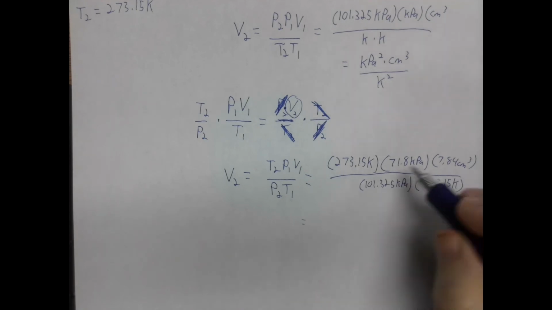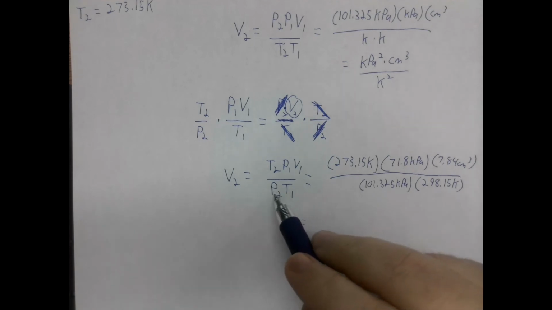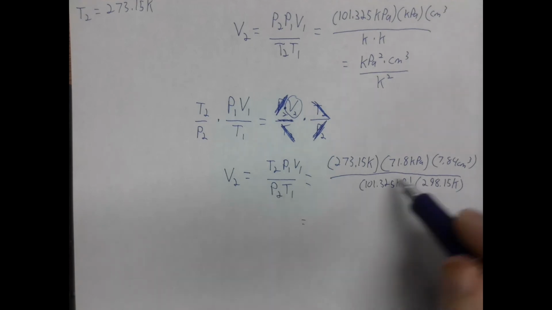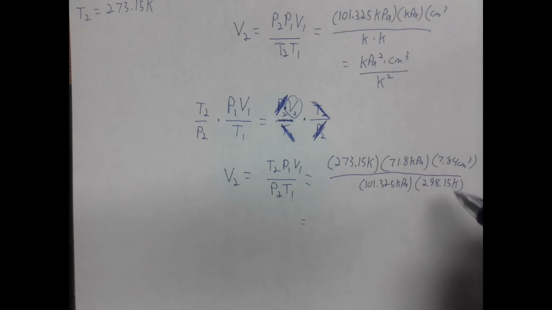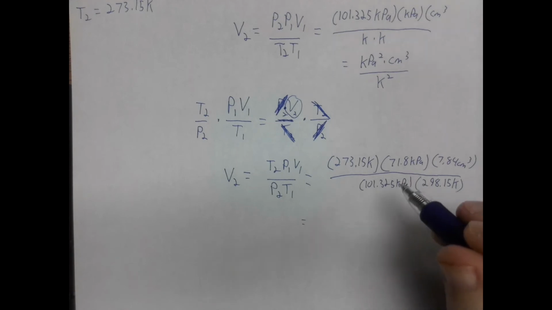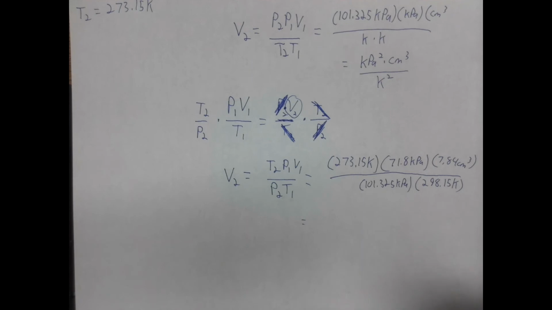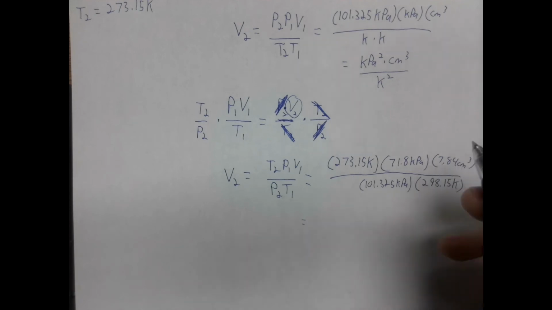Because as long as I put in the correct value for P2 and the correct value for T1 in the appropriate space, I can check to see if this is correct by doing dimensional analysis. Again, the word dimensional refers to the units. Dimensional analysis is just unit analysis, analyzing units.